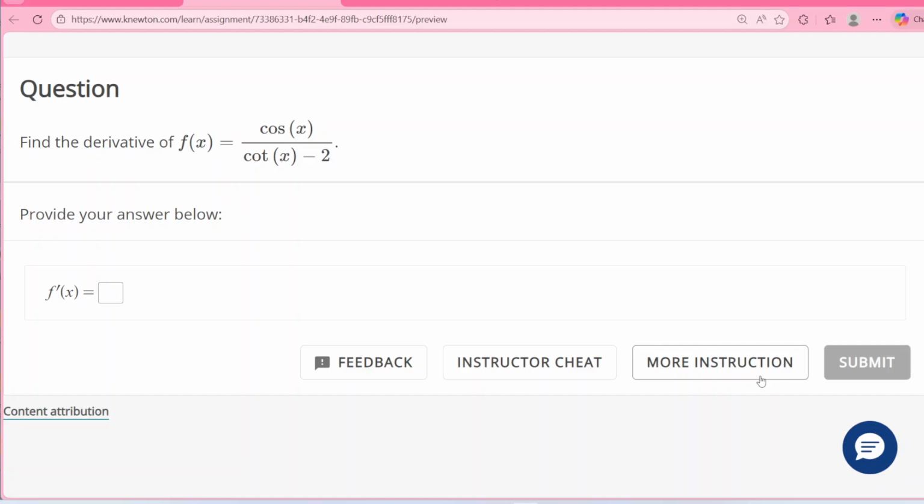So if you're working on a particular question in a particular objective that you're having trouble with or you don't remember the material too well, pull up more instruction here, click on this, and they'll provide you with some reading to do or videos to watch or both that are related to that particular objective. And then hopefully having that instruction up will help you get through the problems in the assignment.